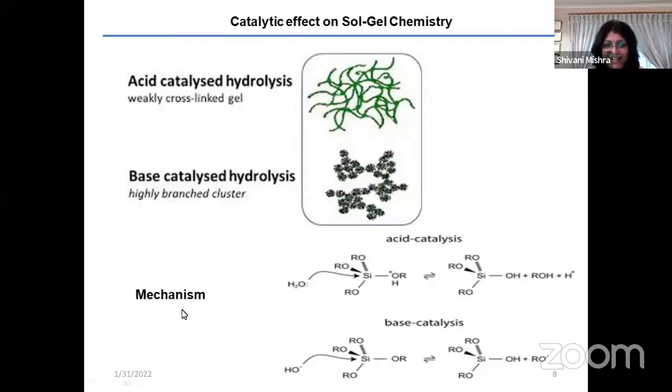So the mechanism behind it, some of us are from organic chemistry, discipline by discipline. If we see, we have a nucleophile here, it attacks the positively charged center, and then it removes this alkoxy group, which is a leaving group.